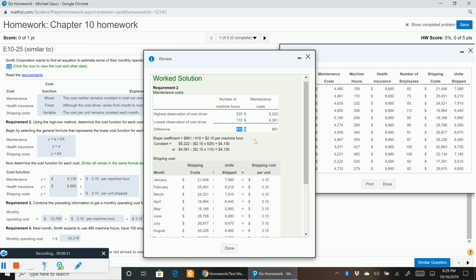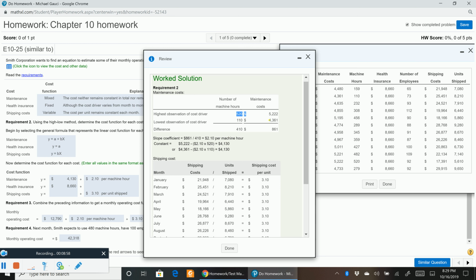So, if I take my cost formula, at the high level the total cost was $5,222. So the total cost, $5,222, minus the variable cost per unit, $2.10, times 520 machine hours, the result will be the fixed cost, which happens to be $4,130.